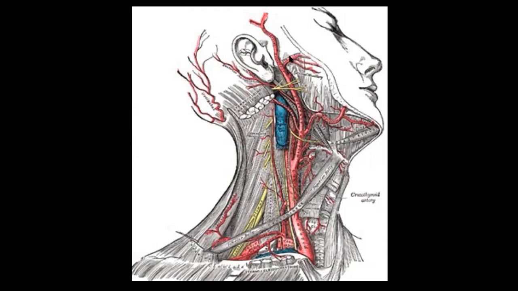External carotid short note question. All of you have to study that and you have to remember these 8 branches. Once again, I am repeating all these branches. Superior thyroid, lingual, facial, ascending pharyngeal, occipital, posterior auricular, 6 branches in the neck.